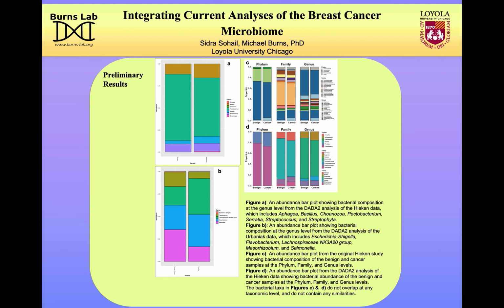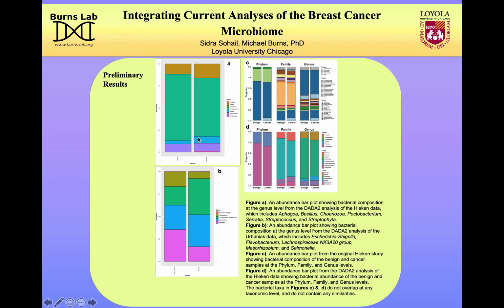My findings from what I've currently done through these preliminary results are that, looking at figure A, which is an abundance bar plot from the Heekin data that I've analyzed through DADA2, the genus includes Aphasia, Bacillus, Coendozoa, Pactobacterium, Serratia, Streptococcus, and Streptophyta.